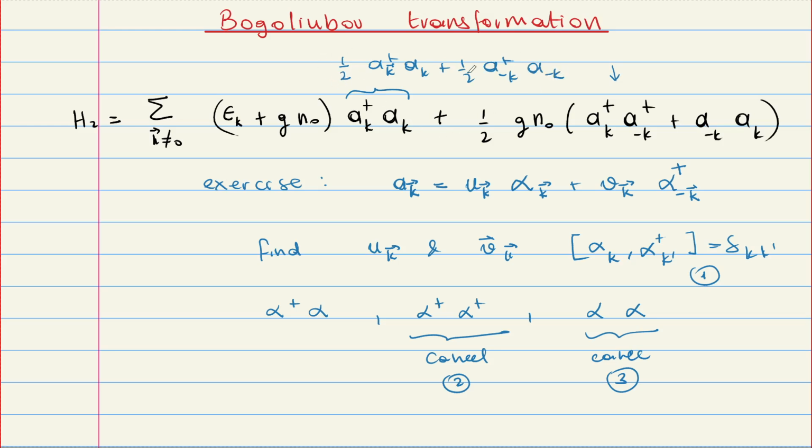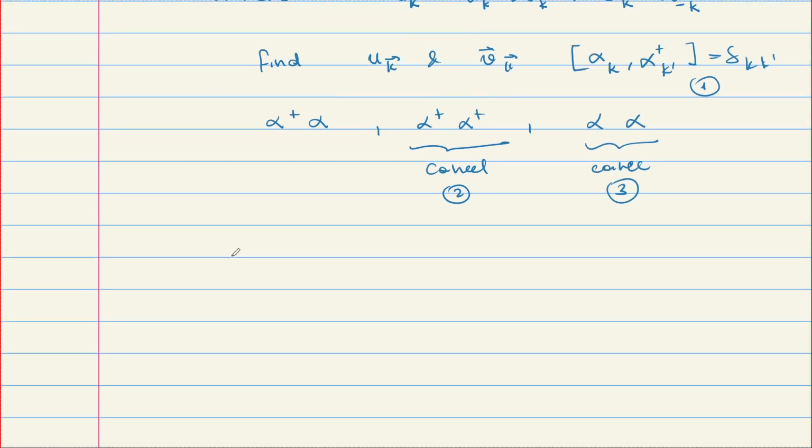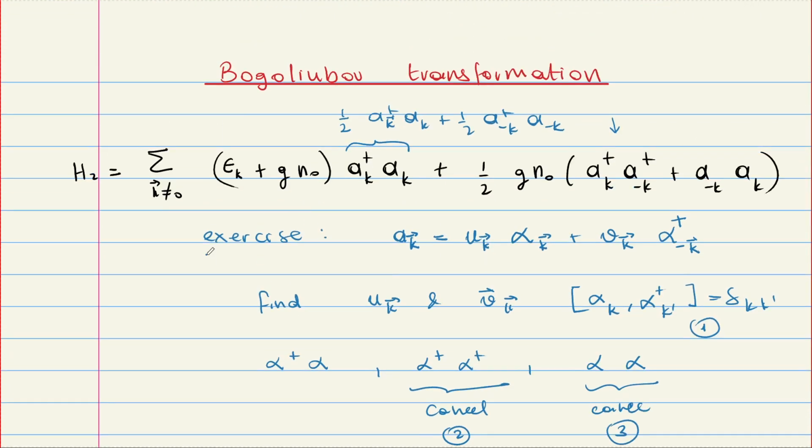Now I have 1/2 here, 1/2 here, and 1/2 here. And now you can see there are only two operators: the A_k operator and the A_{-k} operator, and daggers of these operators.